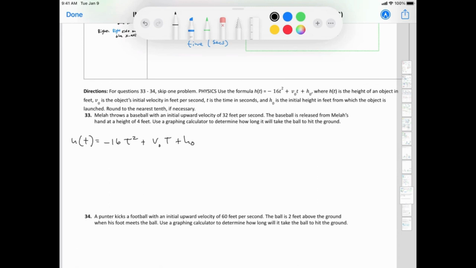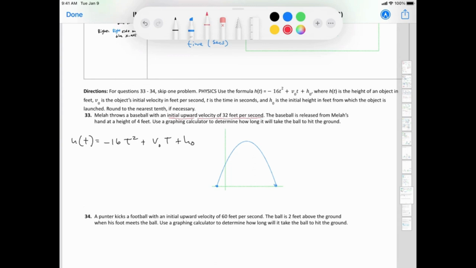Mela throws a baseball. So let's draw a picture. That's something that's super helpful. We can just copy what we did before, right? Okay, so first thing, she throws a baseball with an initial upward velocity of 32 feet per second.